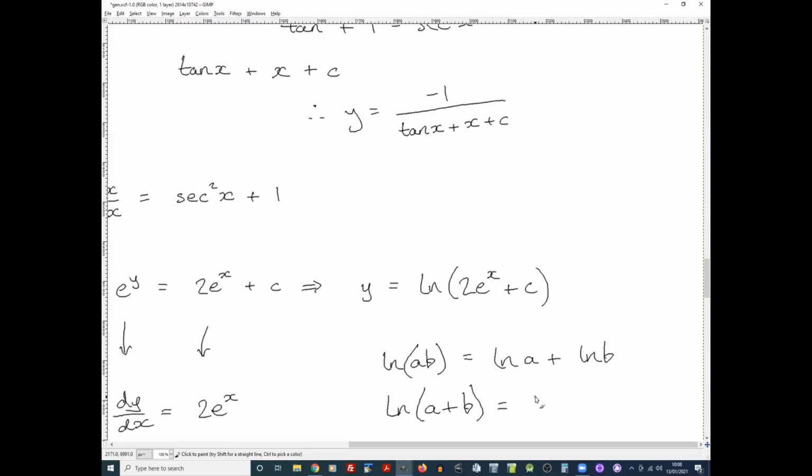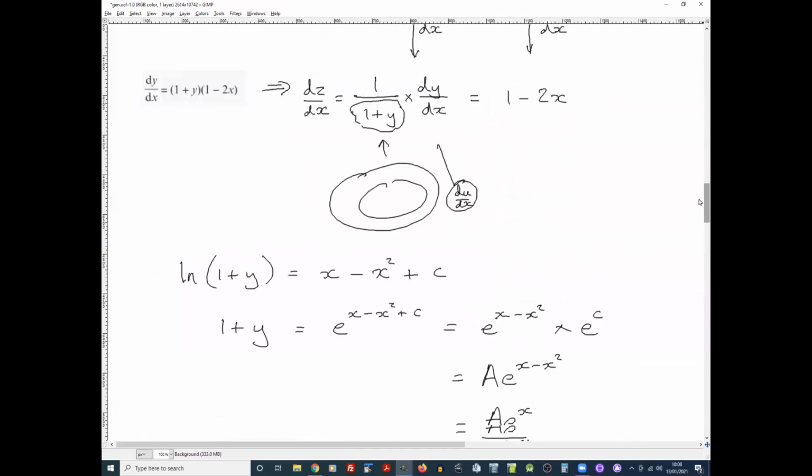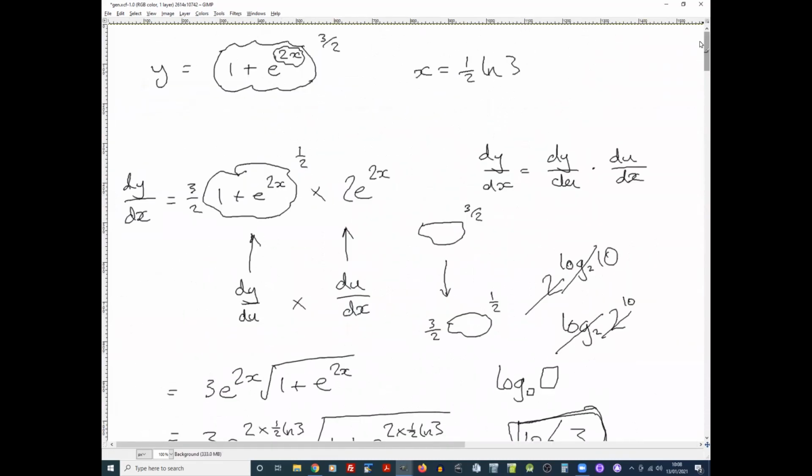Nothing really. Nothing neat is going to happen. Log of a sum is log of a sum. Okay. So that's it. Right, leave it there.